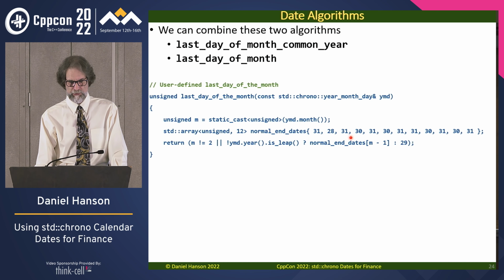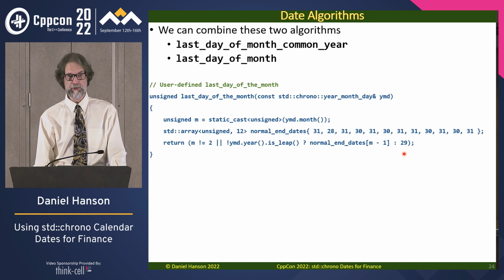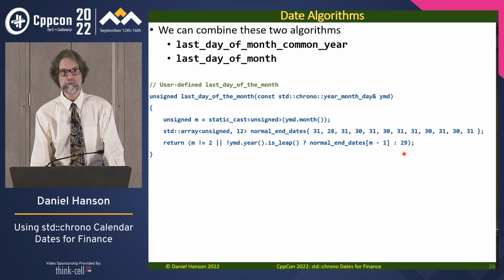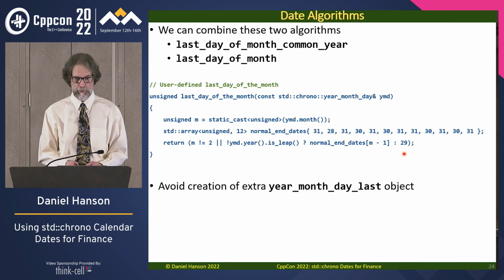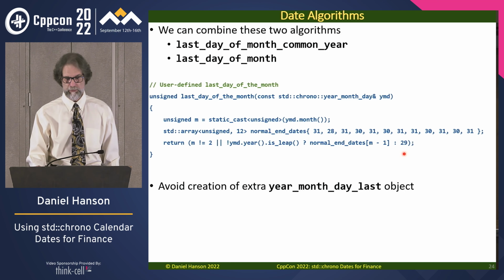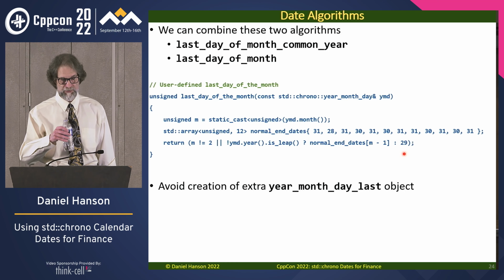Otherwise, we just go up here to the array and get the proper number. If we're dealing with this case here, then we return 29, and we're done. So in this case, you avoid the creation of the extra year_month_day_last object.